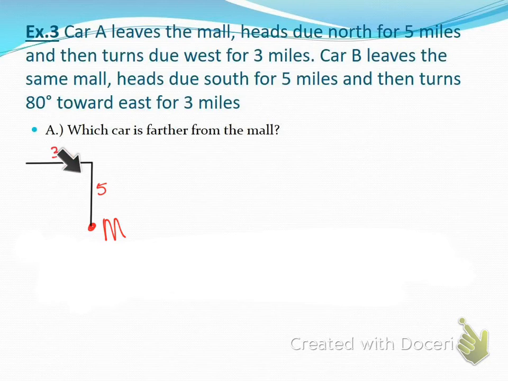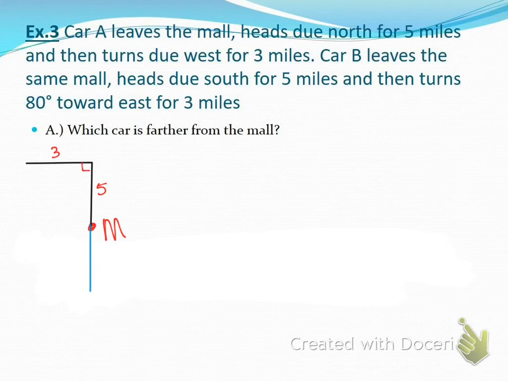So what kind of angle is it if they were going due north and then go due west? That's a right angle. Car B, I'll change colors to blue. Car B is going due south for 5 miles.